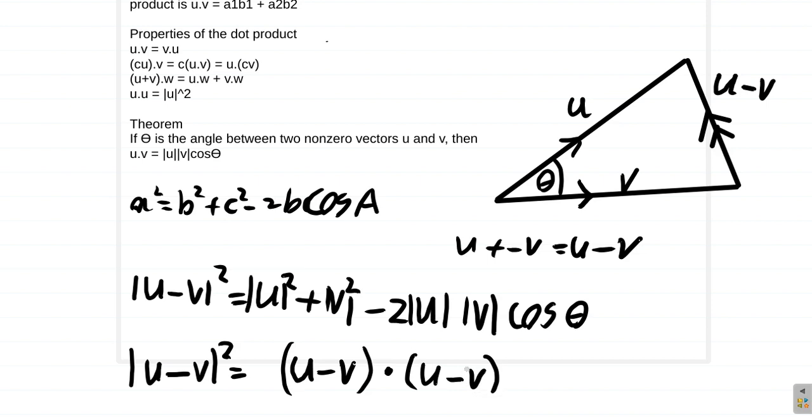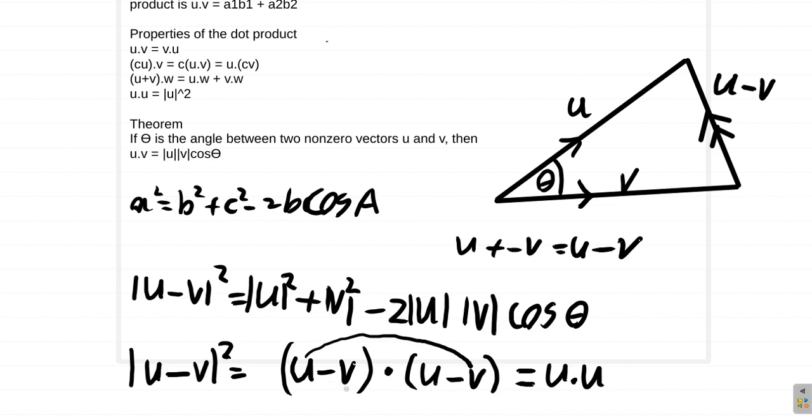Now, u minus v dot u minus v. Just like when you multiply out two things in brackets, this is u dot u plus u dot negative v, plus negative v dot u, plus negative v dot negative v. Now remember, don't mix this up. These are not horizontal and vertical components.